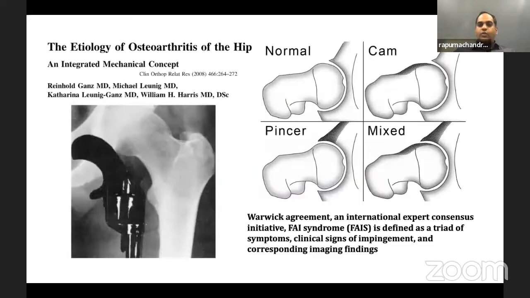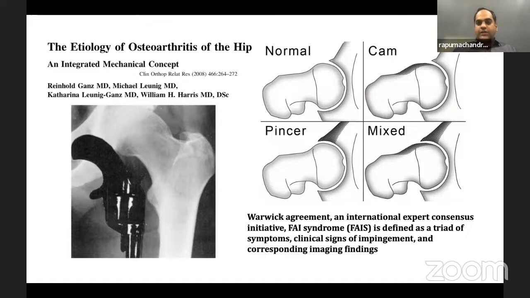We all know what a pincer deformity and cam deformity are, but do our patients present to us like this? When I did my fellowship in Germany and Canada, young, very active sports patients came with typical groin pain.